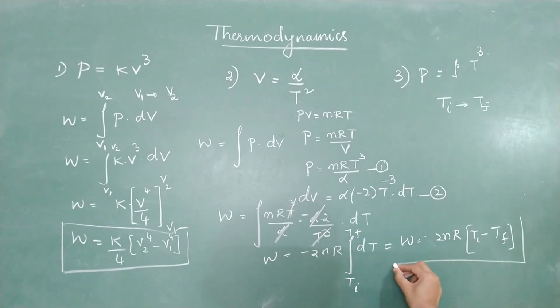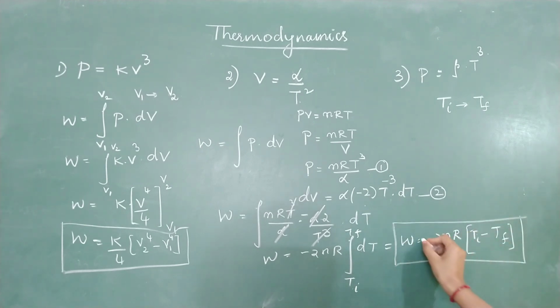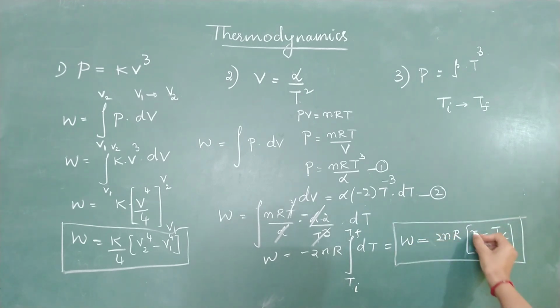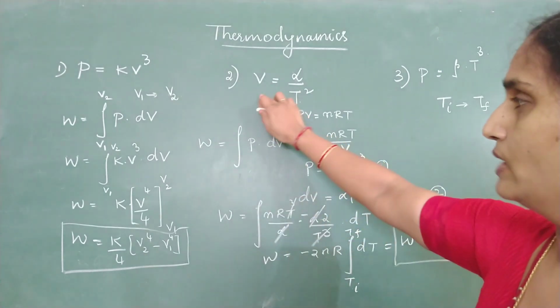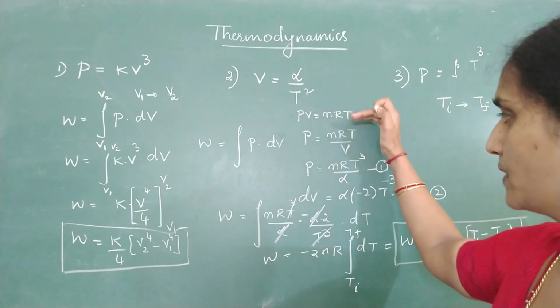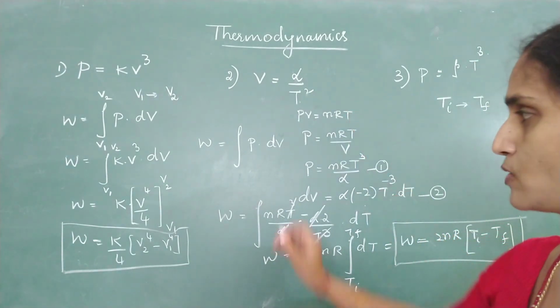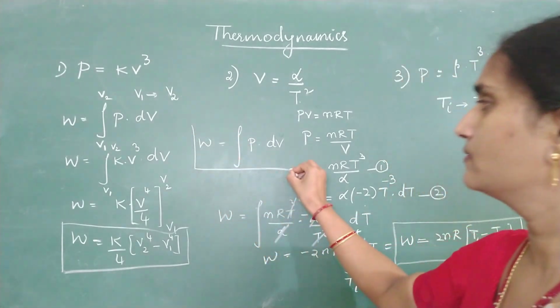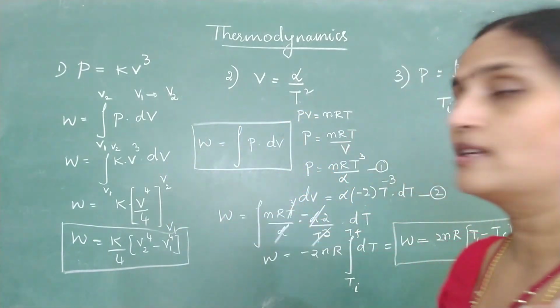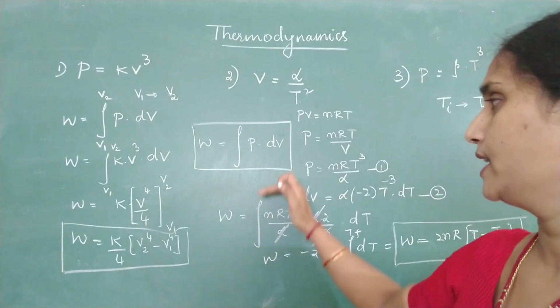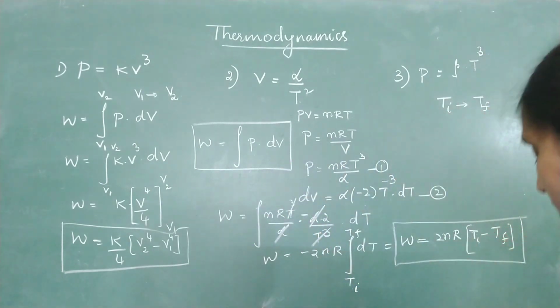This will give you the amount of work done in changing the temperature from T initial to T final. So when volume is a function of temperature, make use of the ideal gas equation and then find out the answer. Every time we will only make use of W is equal to integral of P dV alone for calculating work done.